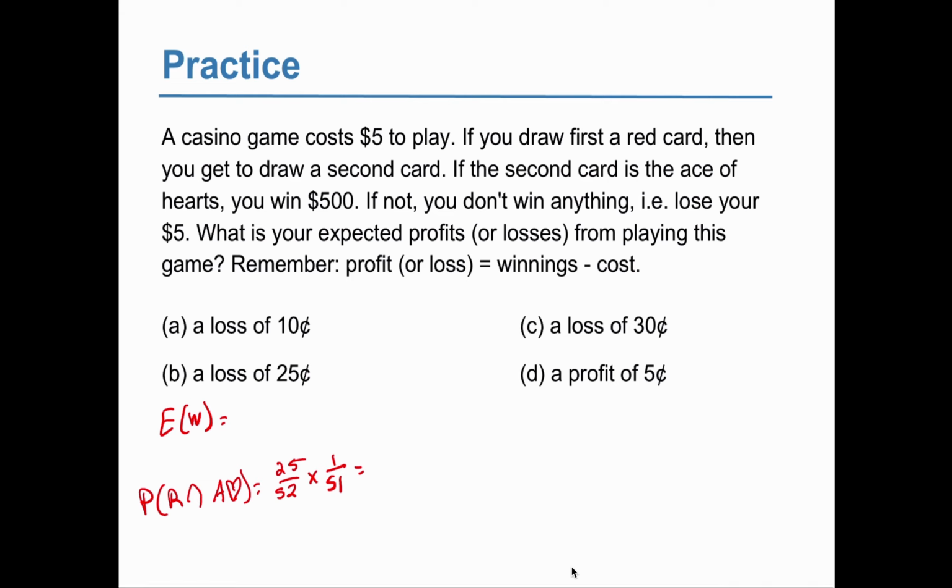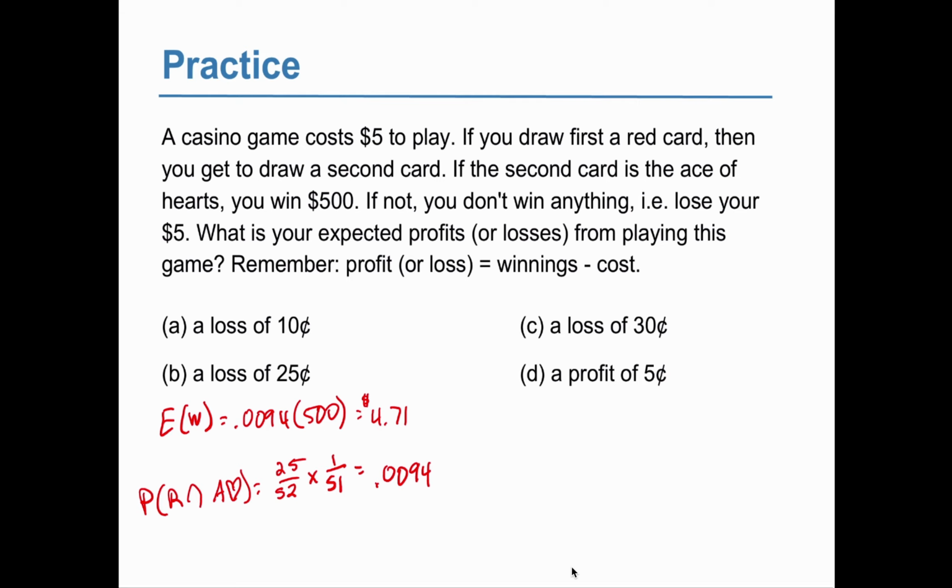And that ends up being a probability of 0.0094. So your expected value of your winnings is 0.0094 times 500, which is 4.71.